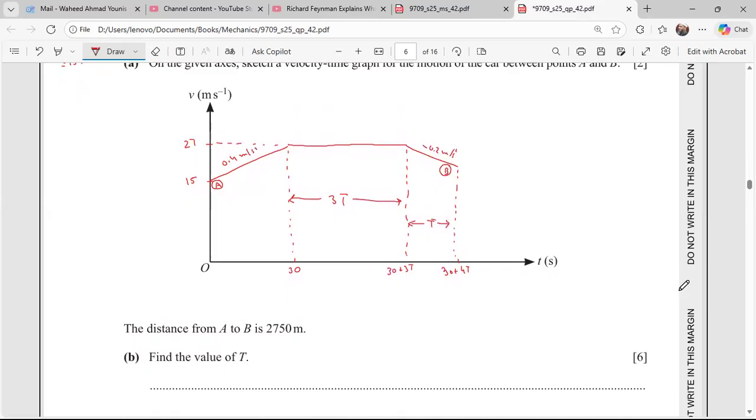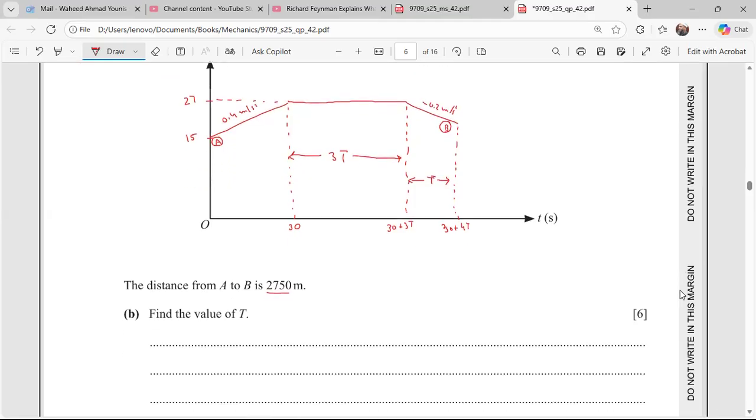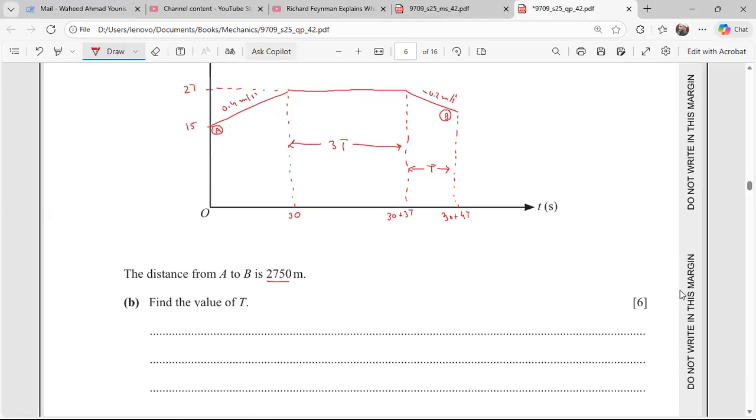Okay, very good. You see, the distance we can find by finding the area under the velocity time curve, right? So what I will do, I will find the total area under this sketch, and I will make it equal to 2,750. Okay, so how much is the area? For the first section, which is 30 seconds long, this is a trapezoid, right?